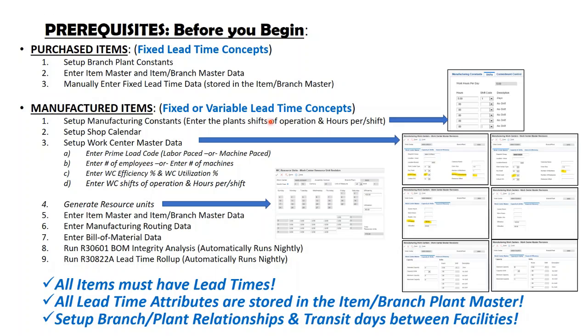And so therefore, in our example moving forward as we demonstrate lead time calculations, our sample branch plant has a manufacturing constant setting where the plant operates only one shift and one 8-hour shift.